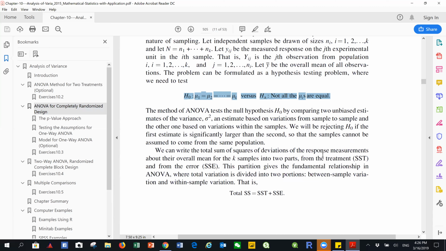ANOVA, although it's useful, the hypothesis test itself is kind of simple, in that it just tells you the conclusion you can make is that, okay, they are not all equal.